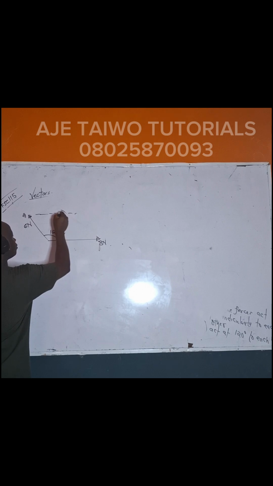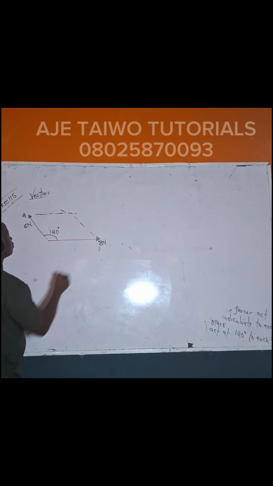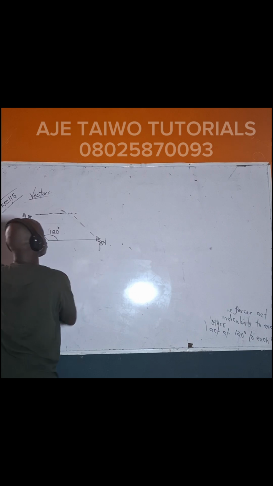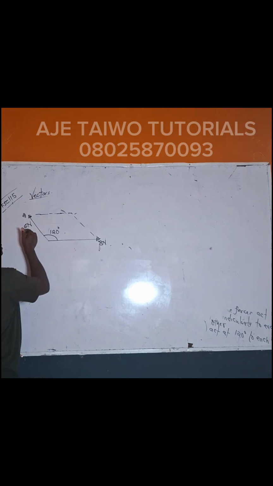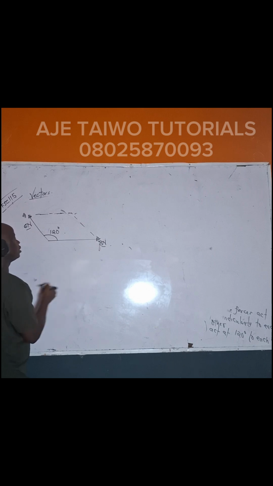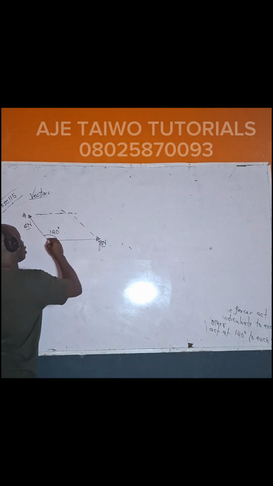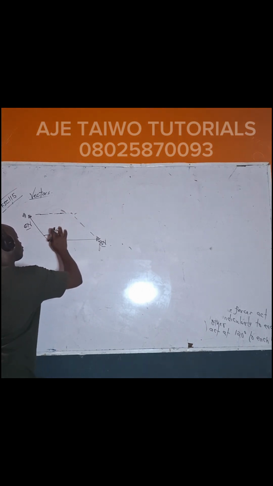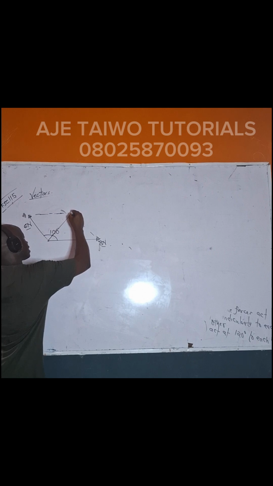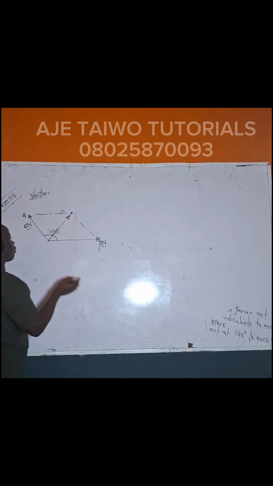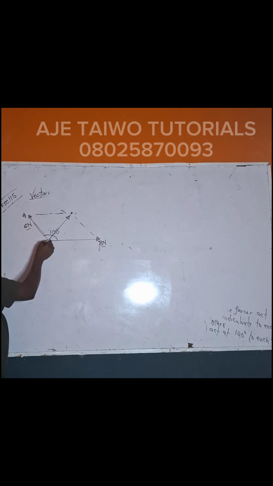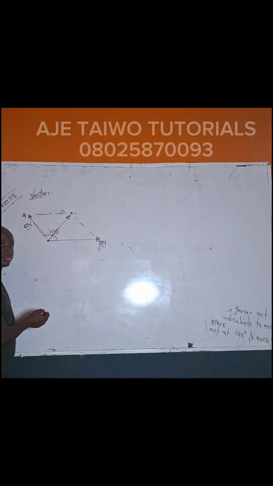So, these 6 Newtons and these 8 Newtons. The resultant will be drawn from here. Note, don't forget that. The resultants are always drawn from the point of intersection of the two forces.